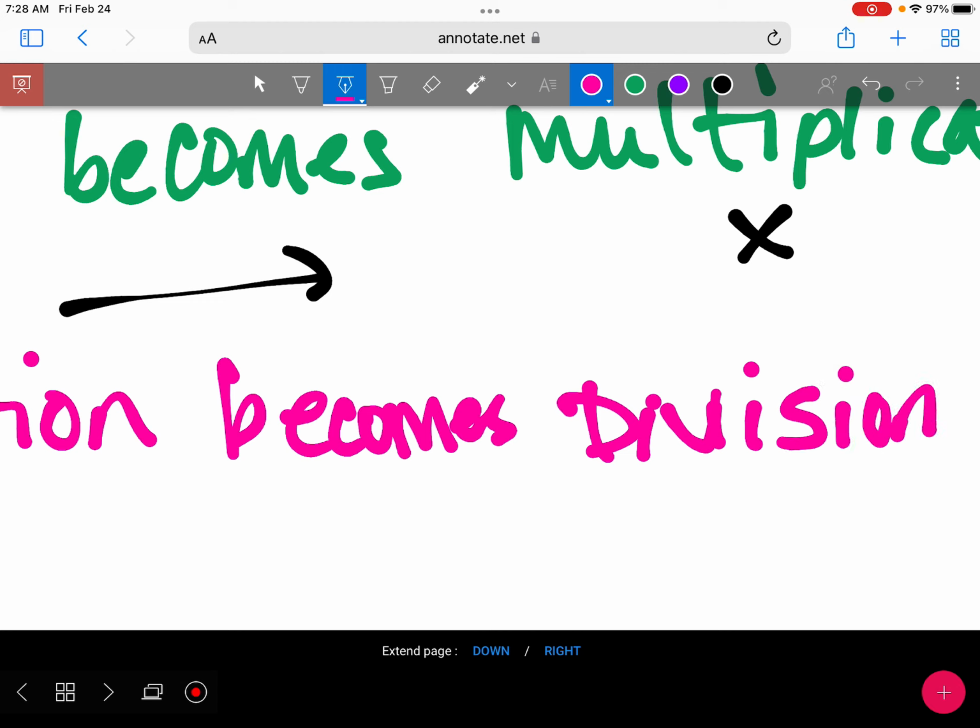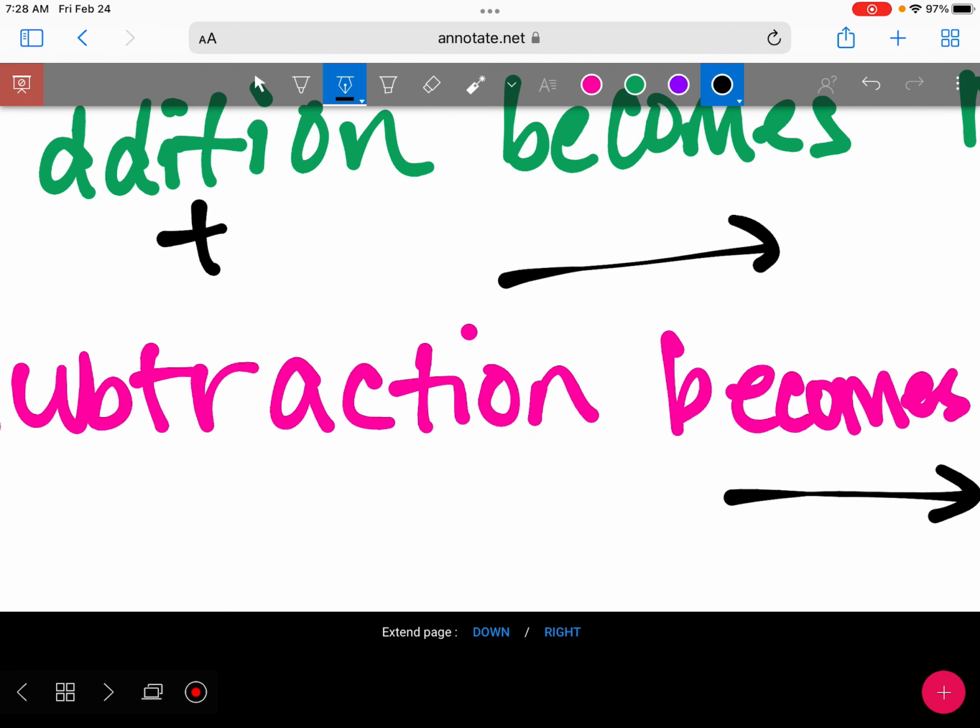It's messy, I apologize. Division. Subtraction becomes division. All right. Everyone feel okay about this? Cool. So exactly what we learned yesterday, just flipped.